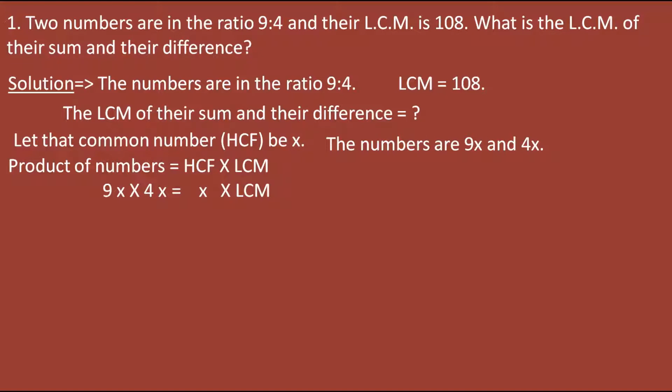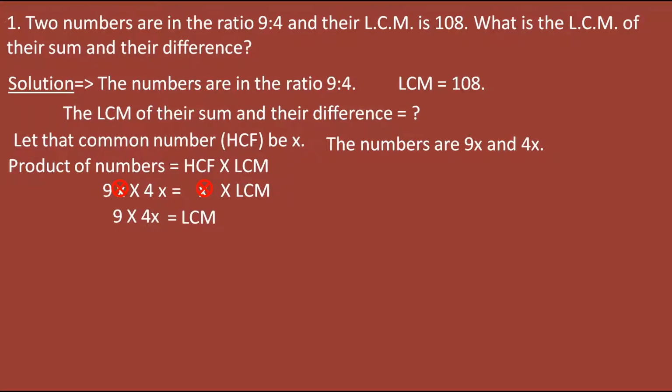Whenever there is something common between the left hand side and the right hand side, we cancel it. Here there are two x on the left but only one x on the right, so we cancel one x. Now we get 9 into 4x equal to LCM.